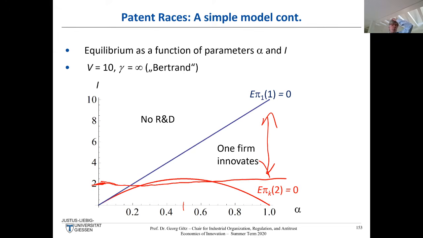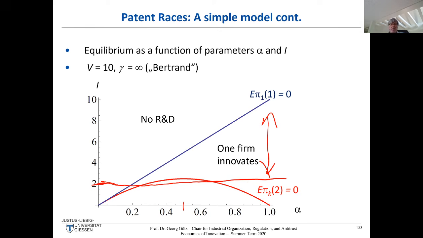If you increase the probability of success, then at some point it becomes profitable for a single firm to invest in R&D. If we increase it further, you see that then two firms will invest in R&D. Okay, this is supposed to be a horizontal line. However, if the probability of success is too high, we will only get a single firm investing in R&D.